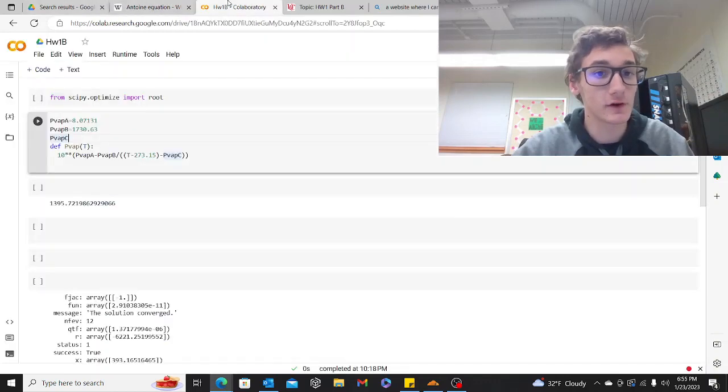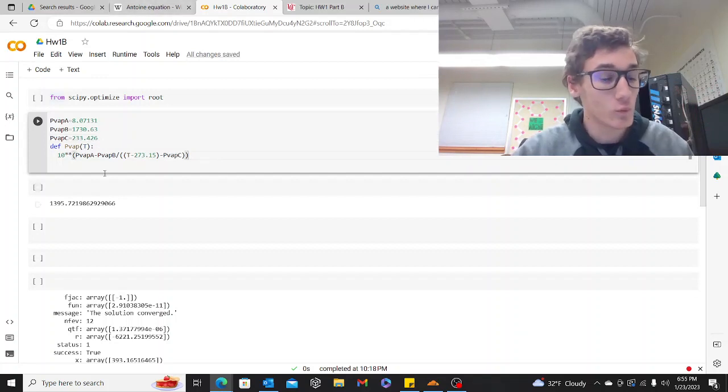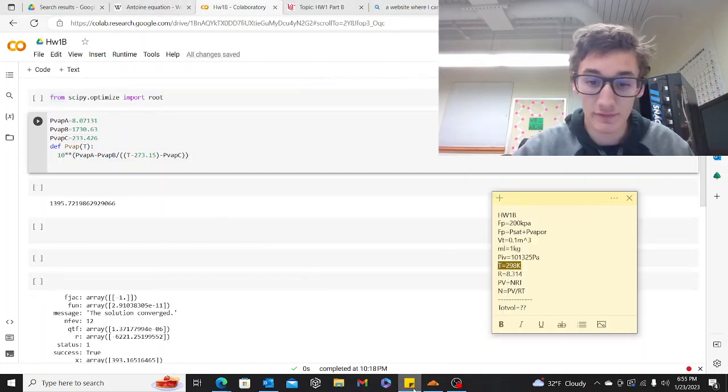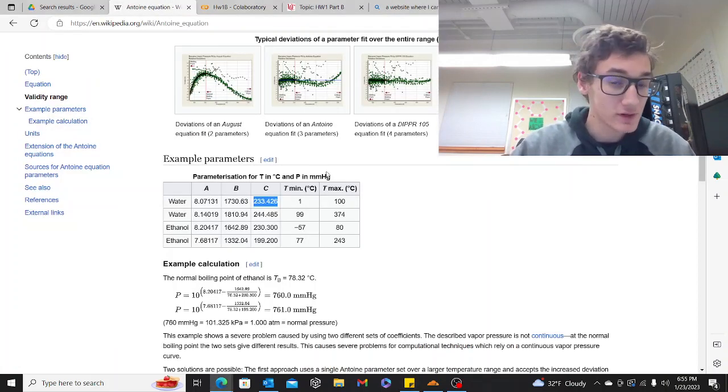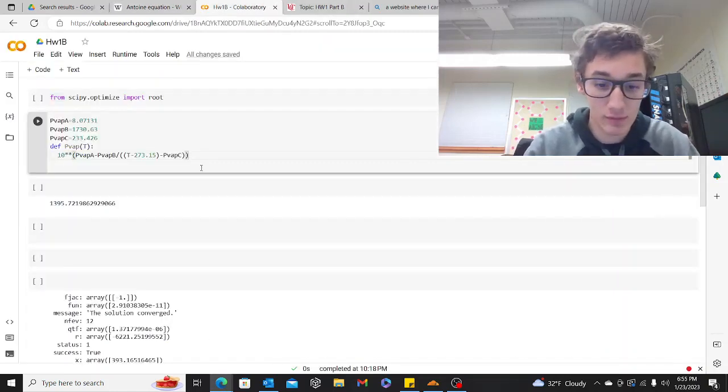These will be important later, so keep them in mind as things are allowed to change. Our units of measurement are in Kelvin, which we took care of in the equation, and pascals. Here it's millimeters of mercury, which is not what we have. To convert that, we multiply by 101,325 and then divide by 760.